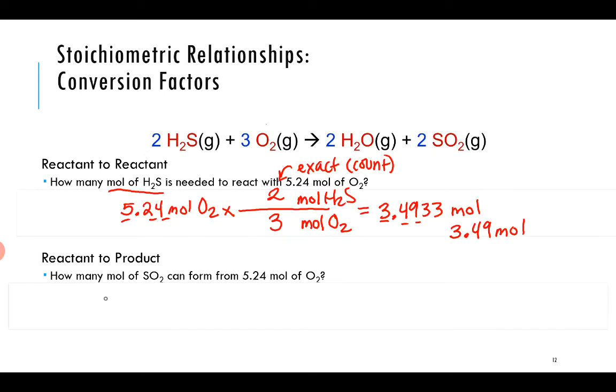So if we go down to the next question, it says how many moles of SO2 can form from 5.24 moles of O2. I need to cancel out my moles of O2, and I need to make moles of SO2.